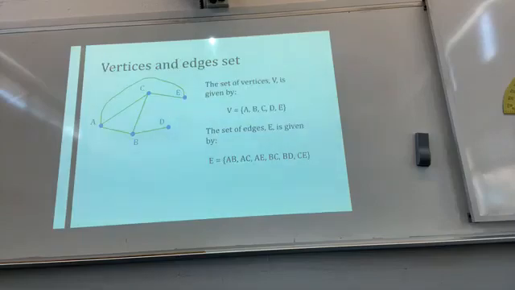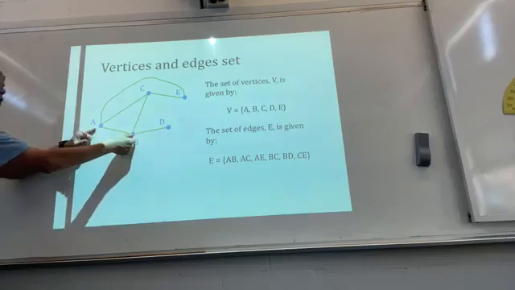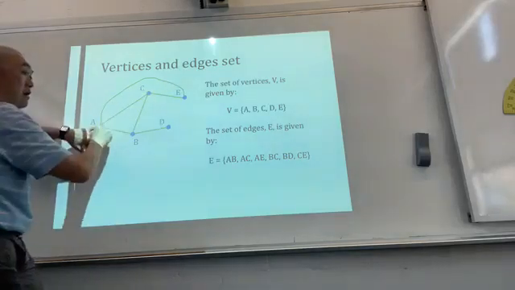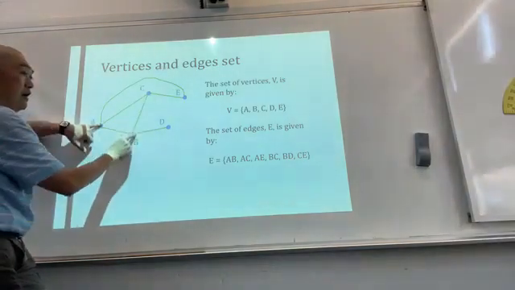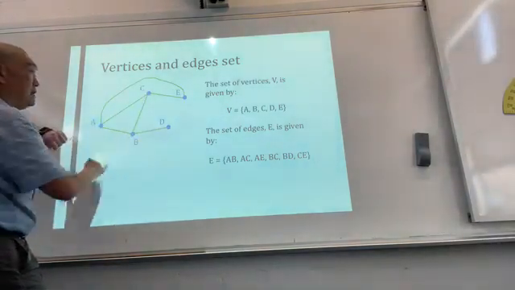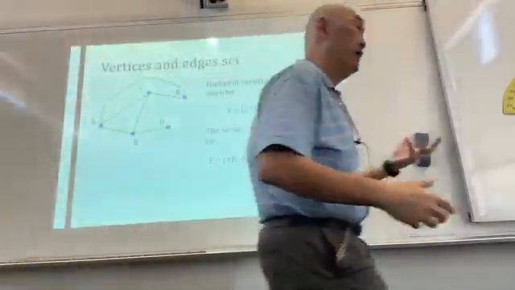Now, the set of vertices, you can write in set notation, and V, the set of vertices, is A, B, C, D, and E. Just list that if you need to. And then the set of edges is given by AB. AB is just naming the edges, that's all. AC, this one. AE, that one. BC, here to here. BD, and CE. There's no connection between DE, therefore you don't have to say anything.